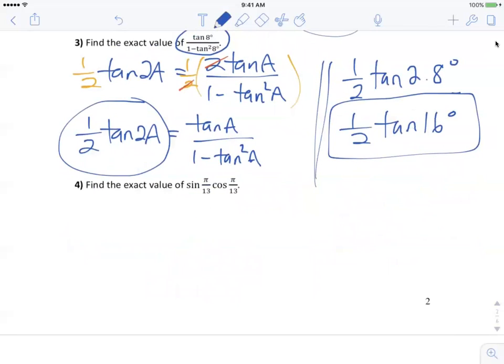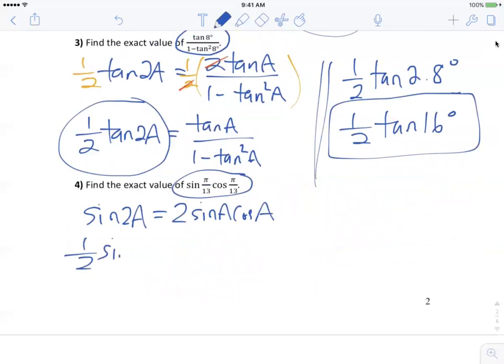Okay, the last one looks similar to the sine double angle. Sine 2a is 2 sine a cosine a, but again, this one doesn't have that 2 out front. So I can manipulate this, divide that 2 to the other side. Here's an alternate version of that identity, just using some equation operations there.